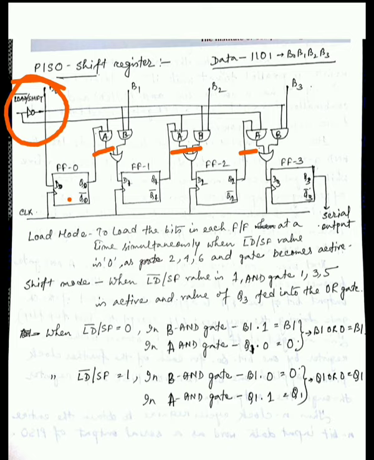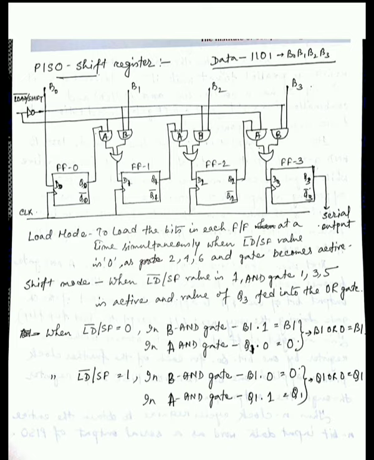So the value is shifted in the right direction and we get one value. We have already discussed how we get serial output by shifting, so we get the values one by one from the serial output pin. And as all the flip-flops are connected with the same clock pulse, every flip-flop gets active at the same time.